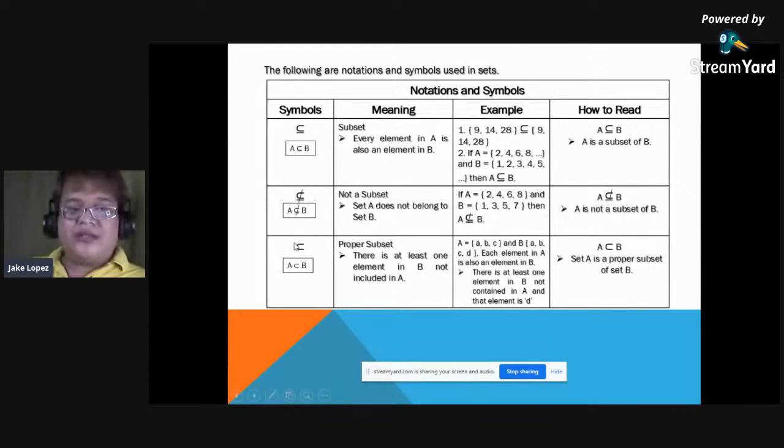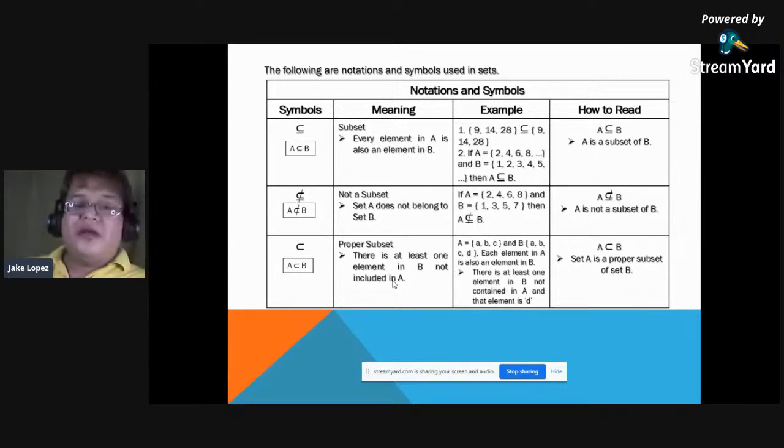And then here, this symbol is the proper subset. So there is at least one element in B not included in A, kahit na isa lang ang wala sa another set. For example, set A is equal to a, b, c and set B is a, b, c, d. Alam natin that in set A, tatlong element, in set B, apat siya.